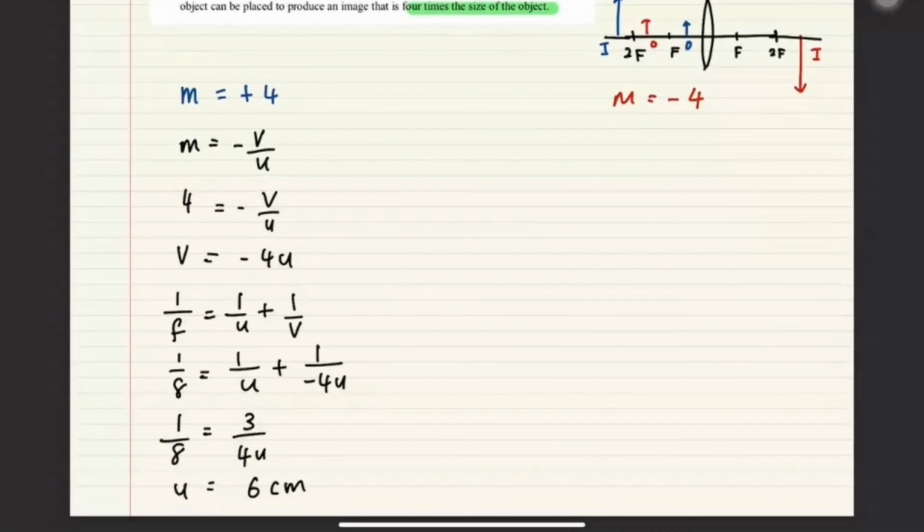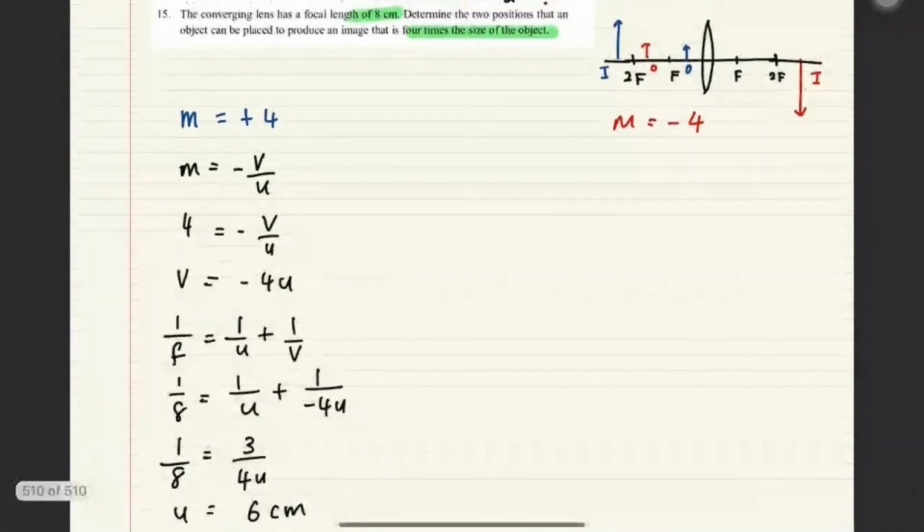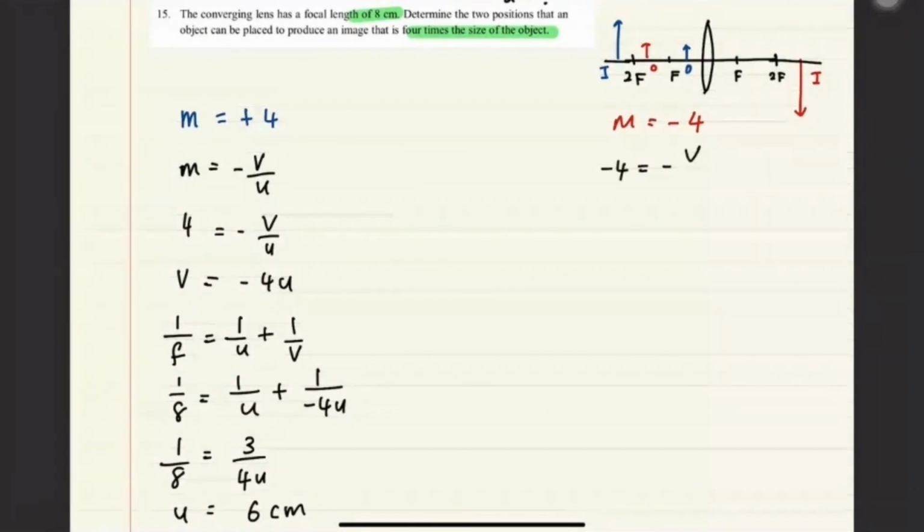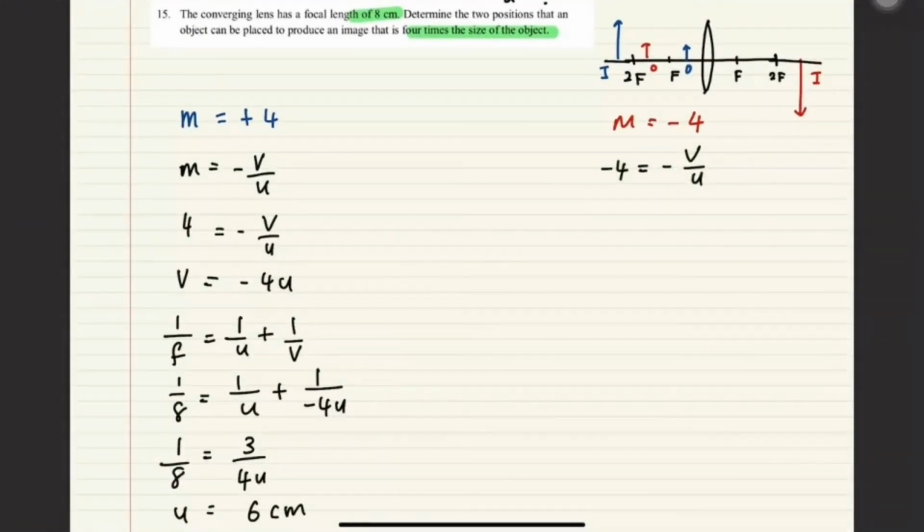Another one, okay, kalau right hand yang kat belah lagi satu tu, yang red tu. So basically, negative 4 sama dengan negative V over U. So your V is equals to 4U. So 1 over F, this one becomes 4 plus 1, which is 5 over 4U. F ni sama dengan 8.